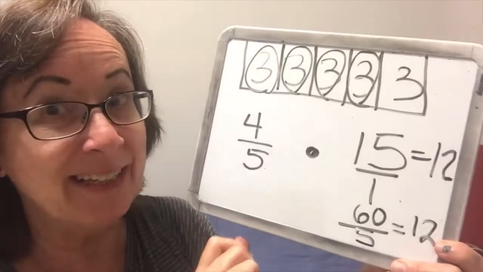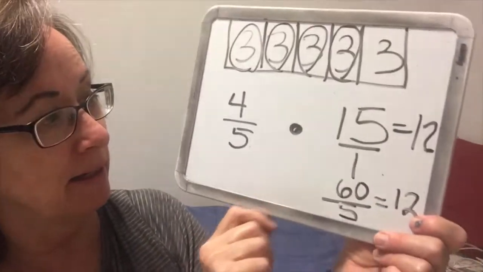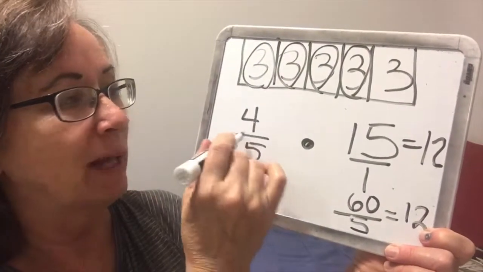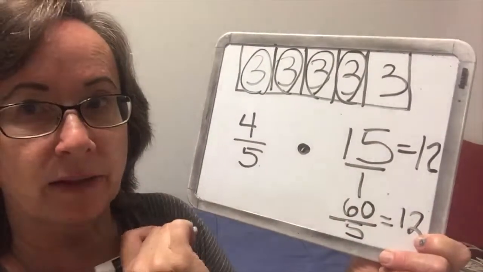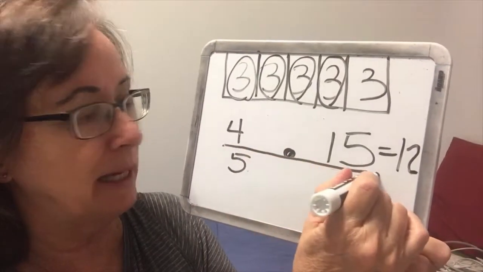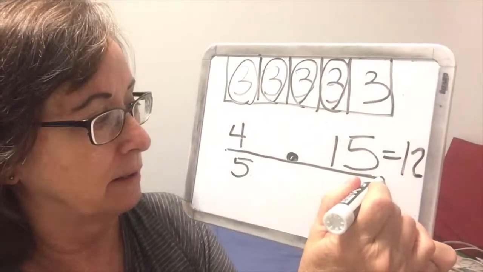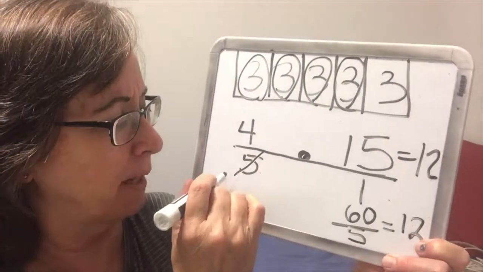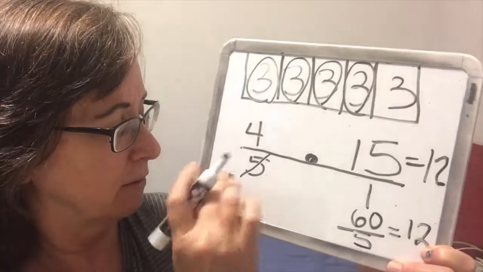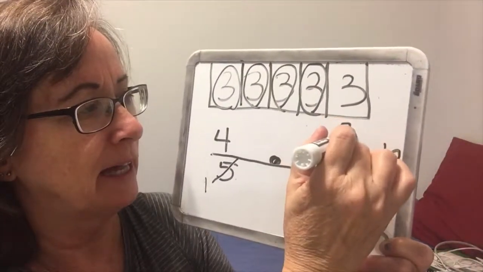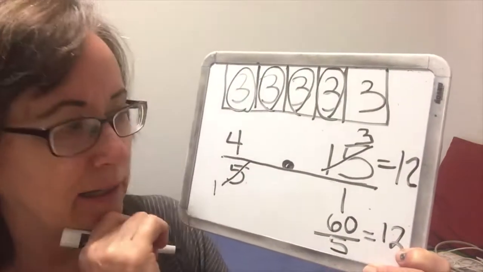But an even easier way to do it is to say, you know what? When I multiply these two together, they're all going to be in one big fraction. Why don't I just go ahead and divide the bottom by 5 and then get 1, and divide the top by 5 and then get 3?